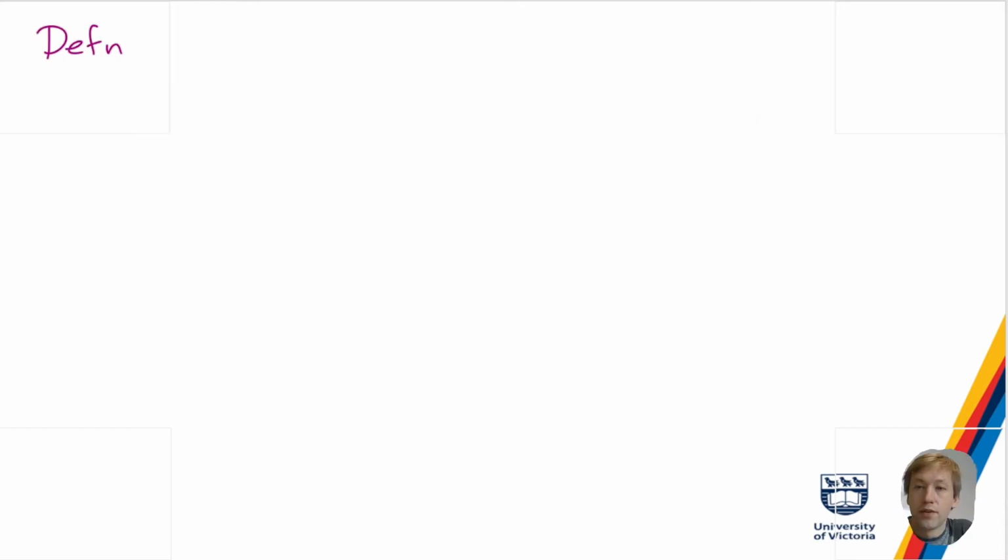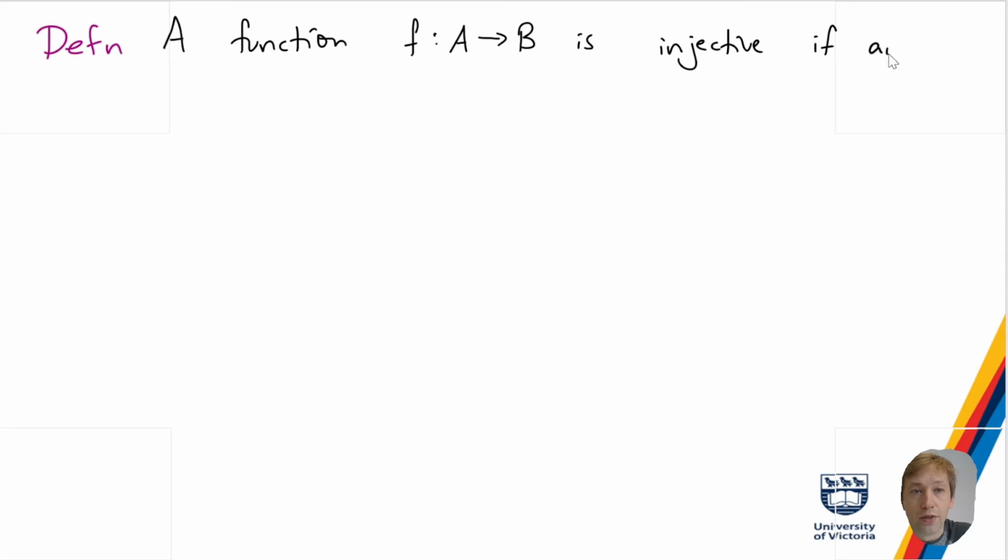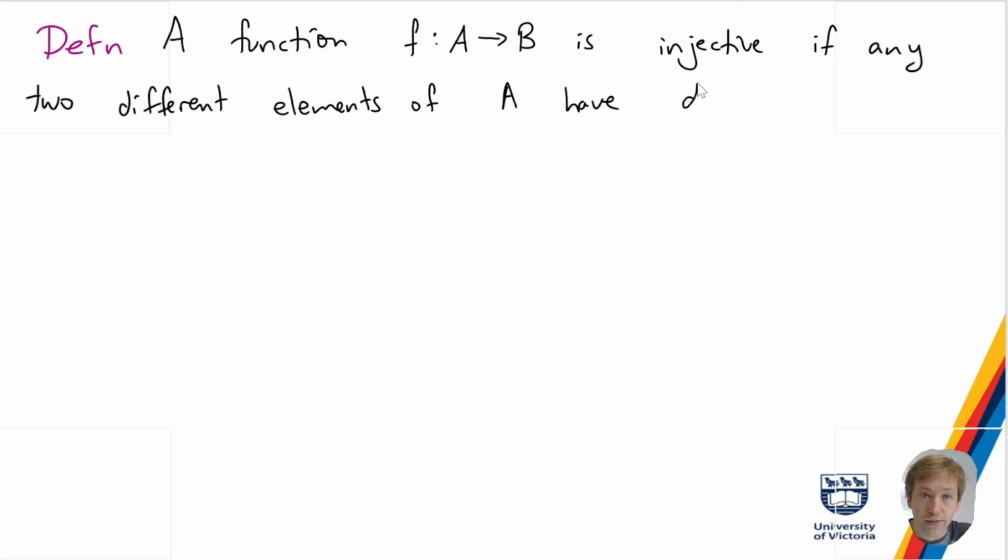Okay, so the first definition. We say that a function f from a set A to a set B is injective if any two different elements of A have different images.